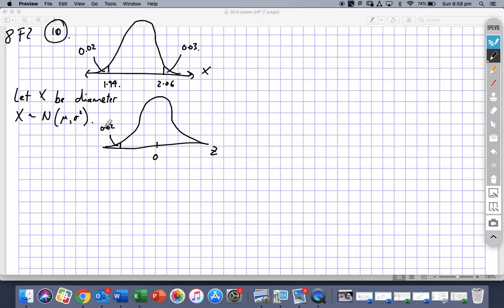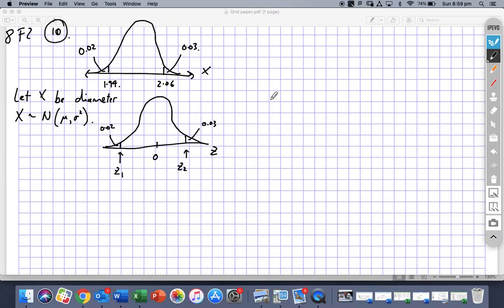We can use inverse normal to find out this z-score here, up at what I'm about to call z2. Right, I could say 97% of the area, well, there's a 0.97 probability that we're below z2, and I could work out z2 as well.